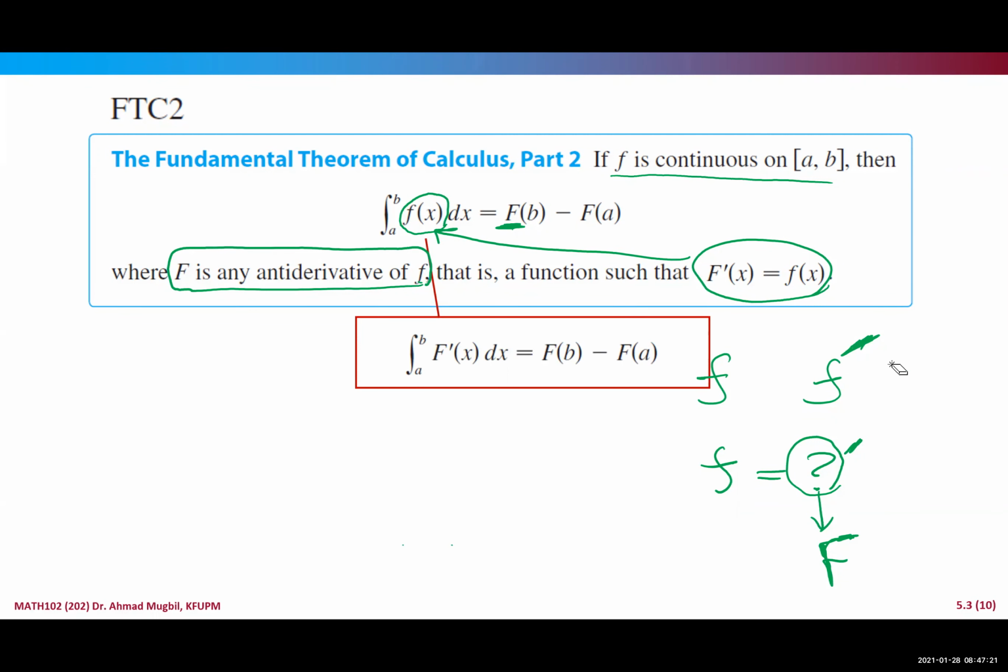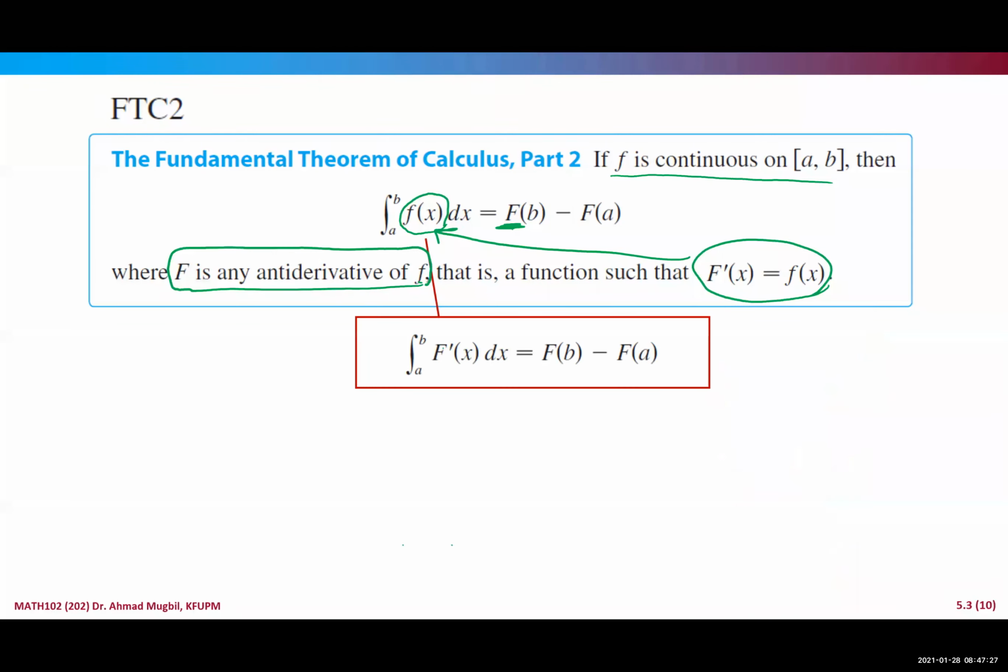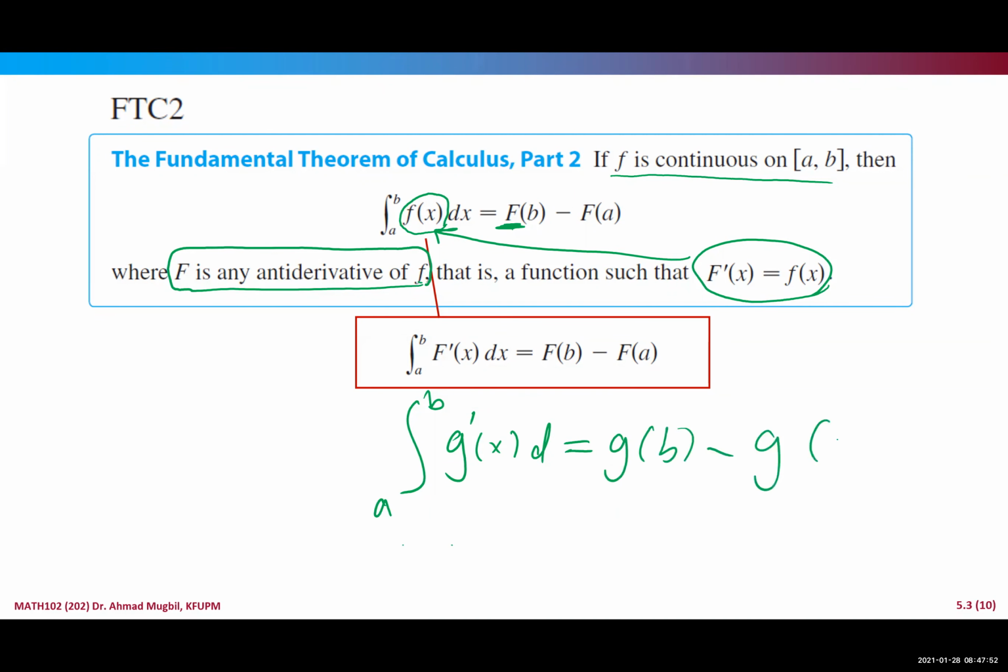This theorem says that if you integrate the derivative of a function F capital, then the integral will be F capital, the original function, at b, the upper limit, minus the antiderivative at the lower limit, the same function. So in other words, the integral from a to b of g prime of x dx equals g at b minus g at a.